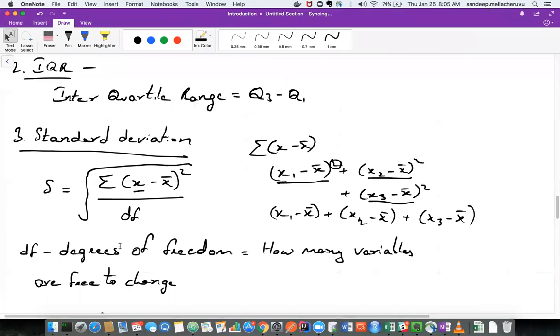You have a very simple formula, but the thing is, unless you know these intricacies, why are we doing sigma x minus x bar whole square? Why not remove the square? What should I use as a denominator? Unless you know these, you cannot understand higher concepts like ANOVA and regression.